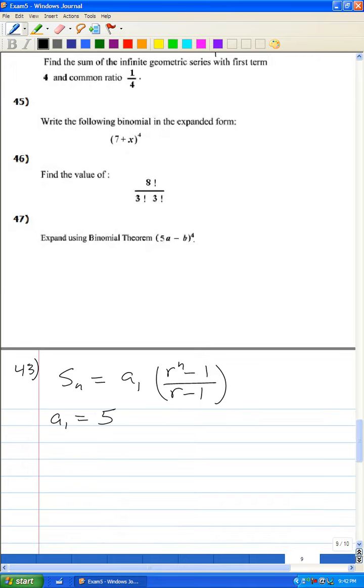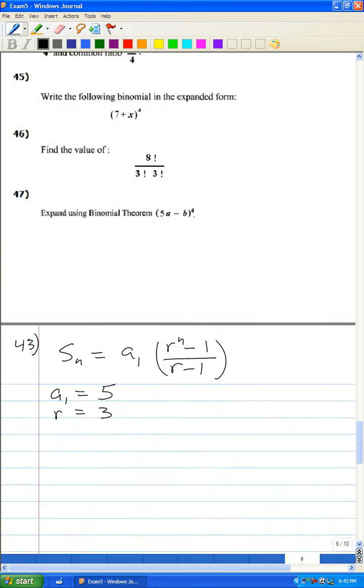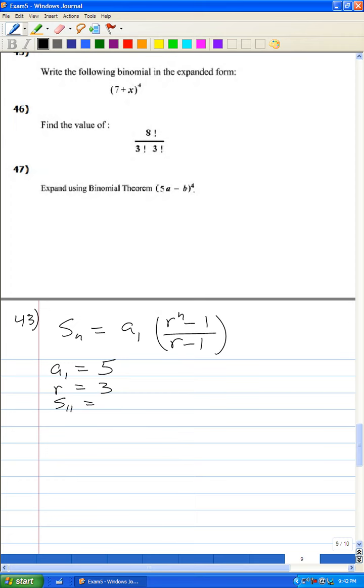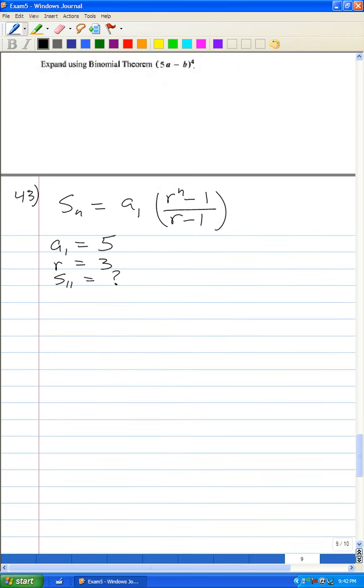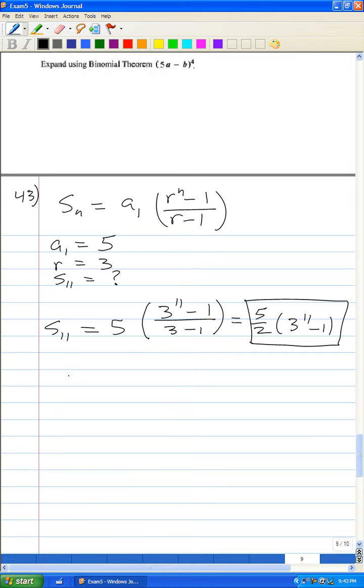The common ratio is 3. And I want to determine the sum of the first 11 terms. And so let's plug that in. The sum of the first 11 terms is 5 times (3 to the 11 minus 1) over (3 minus 1). And so 3 minus 1 is 2, so 5 over 2 times (3 to the 11 minus 1). And that's your answer.